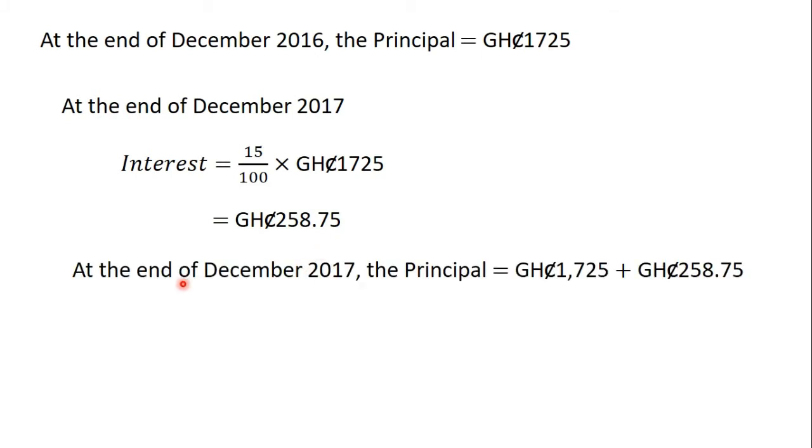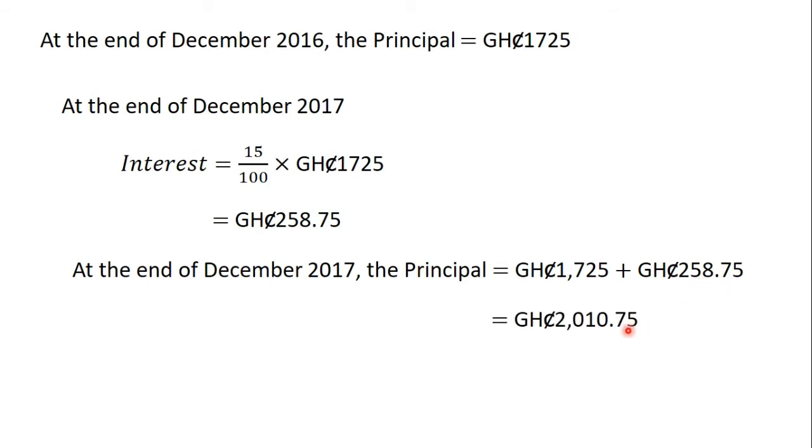It means that the amount of money in his account at the end of the year, the new principal, is equal to the principal that we started with, which is 1,725 Ghana cedis, plus the interest at the end of the year, which is 258 Ghana cedis, 75 pesewas.